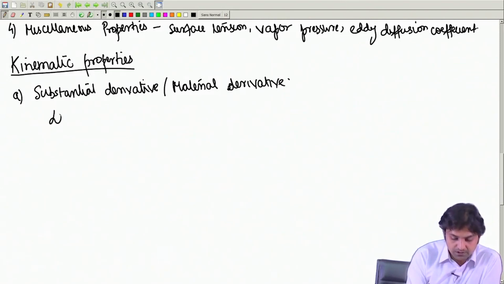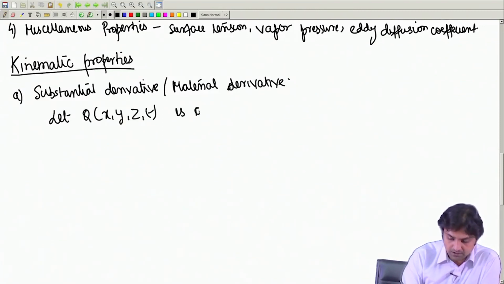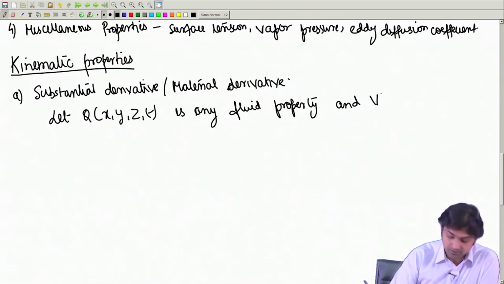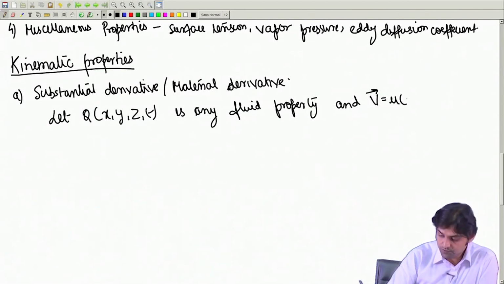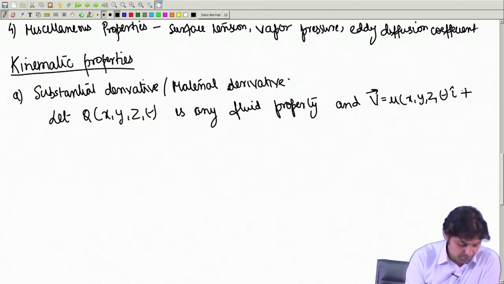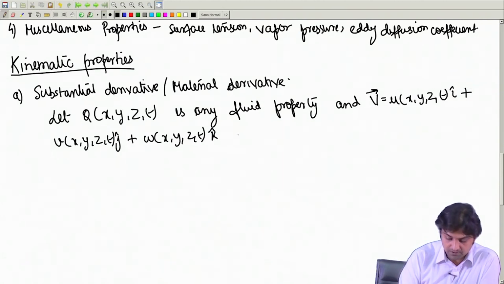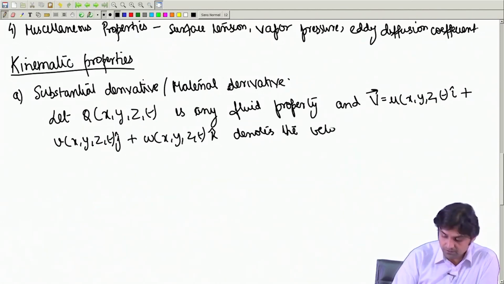Okay. So if we say let q(x, y, z, t) is any fluid property, and V bar is equal to u(x, y, z, t) i cap plus v(x, y, z, t) j cap plus w(x, y, z, t) k cap denote the velocity field.